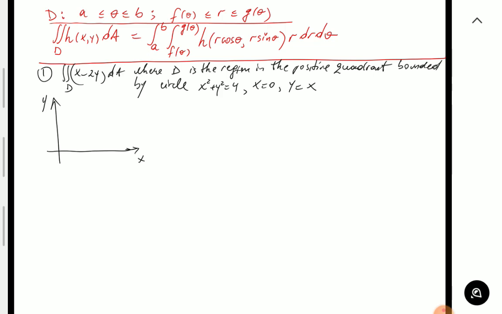The bound is the circle, but I'm just going to sketch the portion in the first quadrant. The radius is 2, and then x equals 0, which is the y-axis. So let's emphasize this portion of the domain, and y equals x. Therefore, we're going to talk about this region over here.